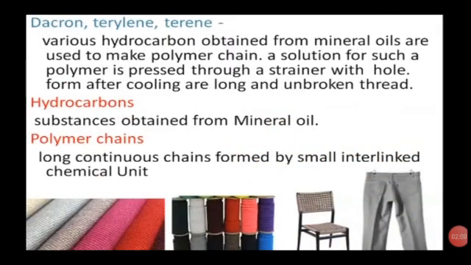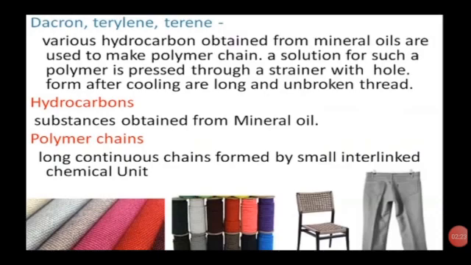Dacron, terylene, terene. Various hydrocarbons obtained from mineral oil are used to make polymer chains. A solution of such a polymer is pressed through a strainer with fine holes. The fibers formed after cooling are long and unbroken threads. These threads are twisted to obtain yarn.